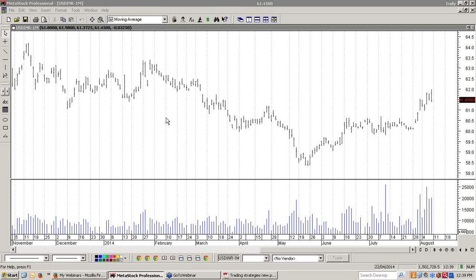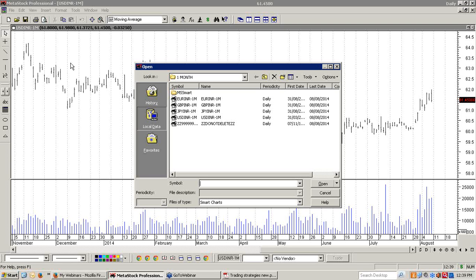Okay, we have received a question on a particular stock, which is Radico Khaitan. Let me move on to my screen and open that particular stock in the cash segment first.